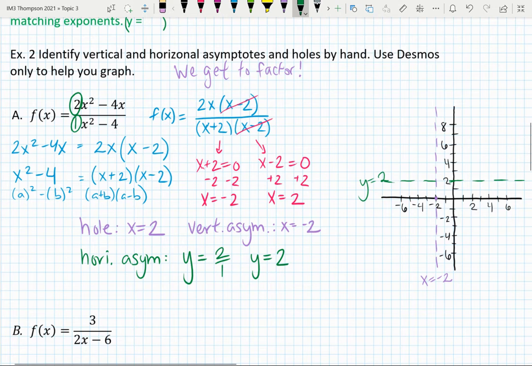Give you a moment to catch up, and then I'm going to navigate away from this. I'm going to go to Desmos, and I'm going to graph this function.